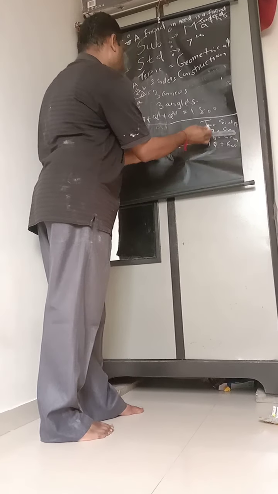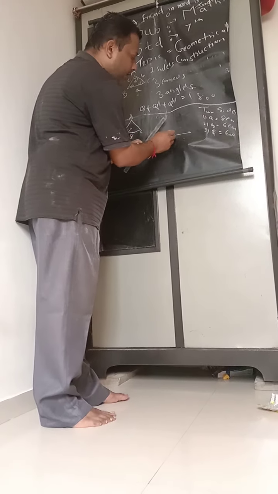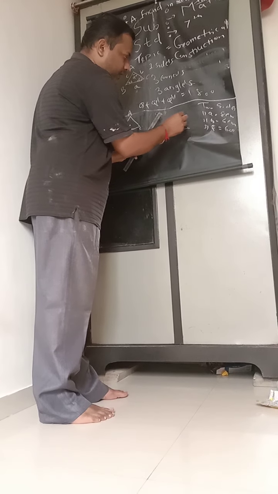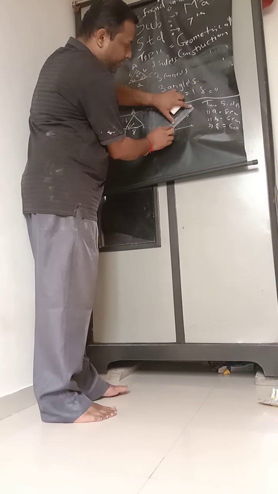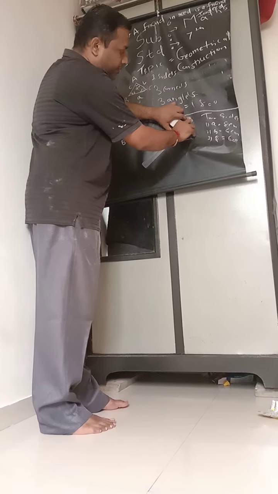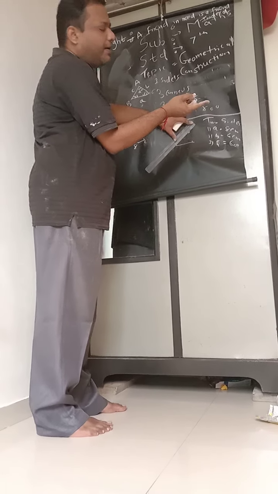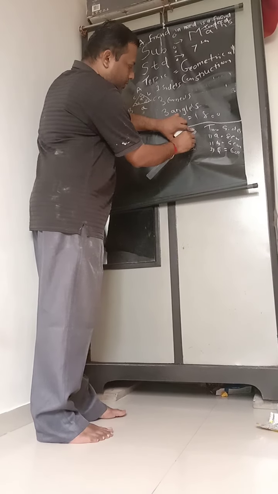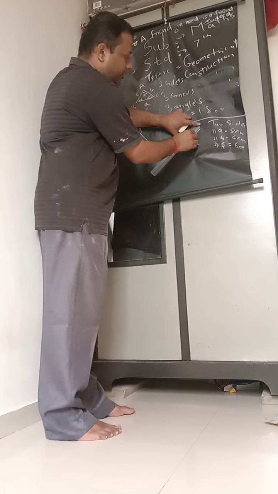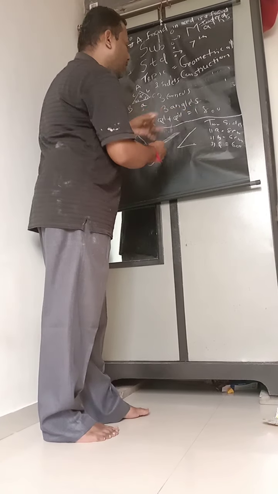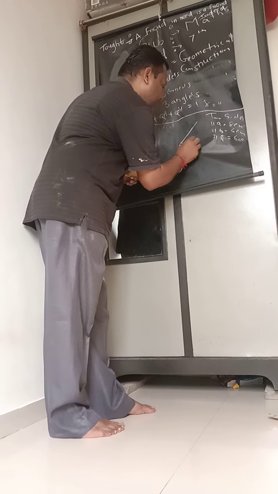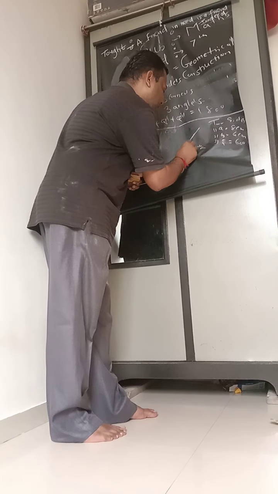This is the point. Then I draw the angle with a protractor. I don't have a protractor, that's why I'm taking it approximately. So these two are joined, and the angle is equal to 60. This is the point B, this is the point C, and the angle is 60 degrees.